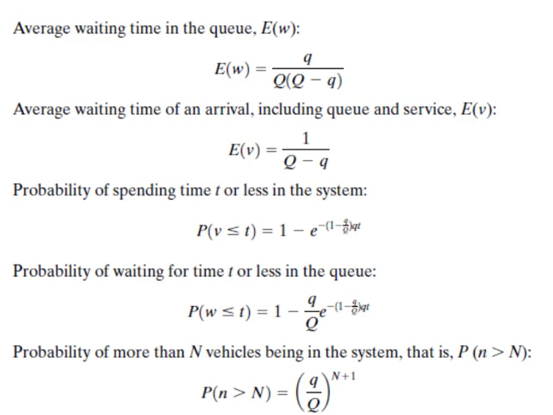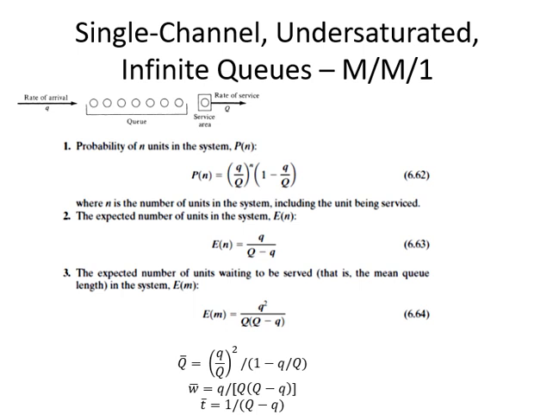The percentage of time when the operator is free, when he has nothing to do. How do I know he is free? Zero. The percentage of time when n is 0. So probability when n is 0. Okay, very good.